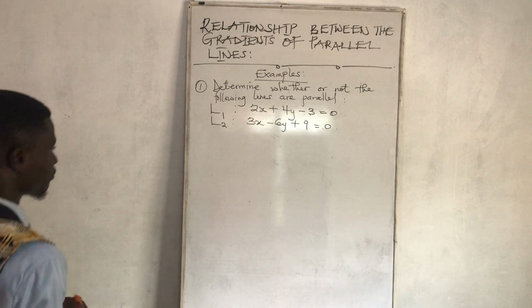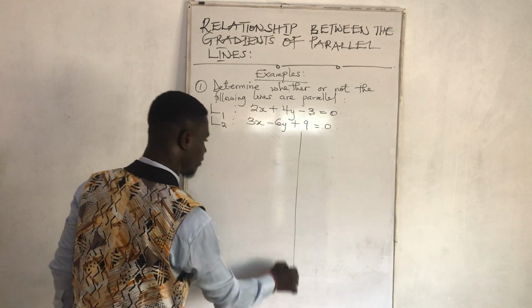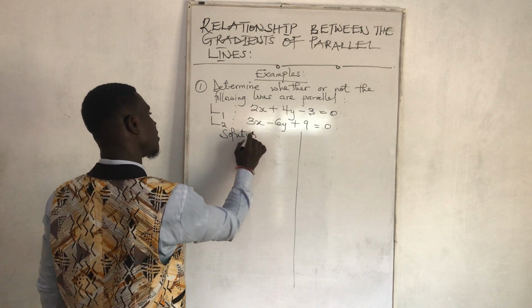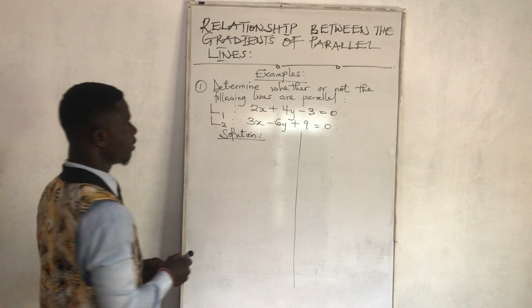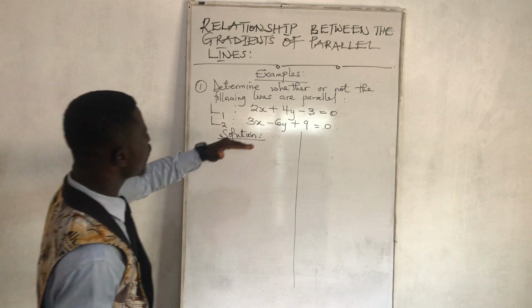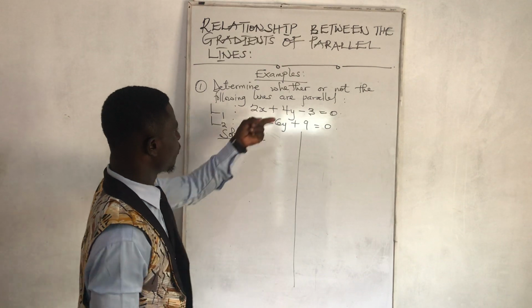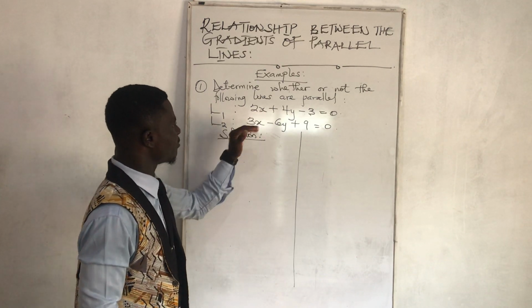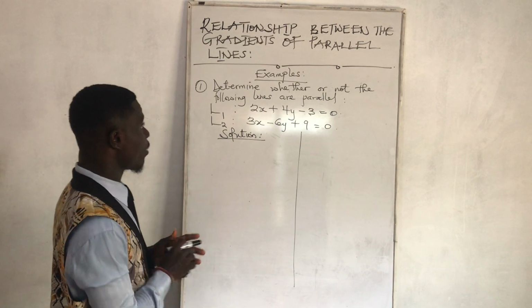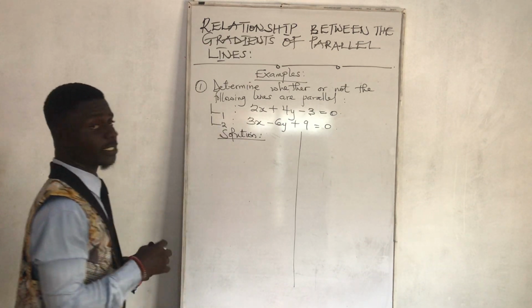So now, solution. How can we determine whether the following lines are parallel? Now, we have the general equation. L1 is in the general equation form, right? 2x plus 4y minus 3 equals 0.